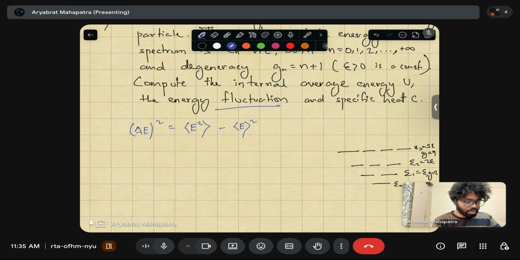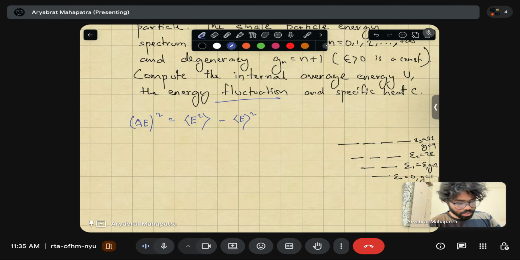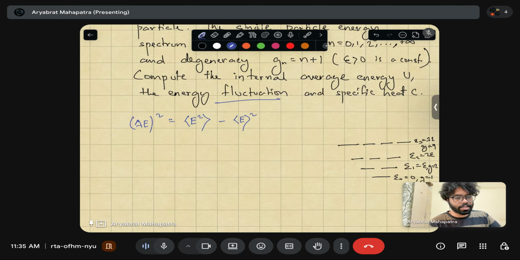The difference of that gives you the square of the standard deviation. That is what the fluctuation is in statistical terms. This is how the fluctuation is written down, and your energy fluctuation will also go that way.